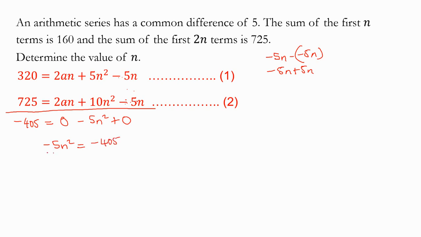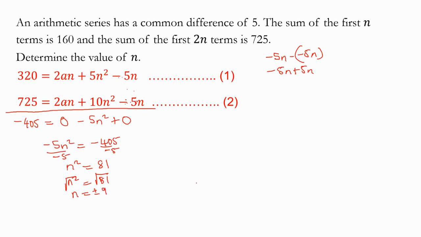And then we divide both sides by negative 5. What do you get? n squared is equal to 81. And then we square root both sides. So the square root of n squared is equal to the square root of 81. Then n is equal to positive or negative 9.